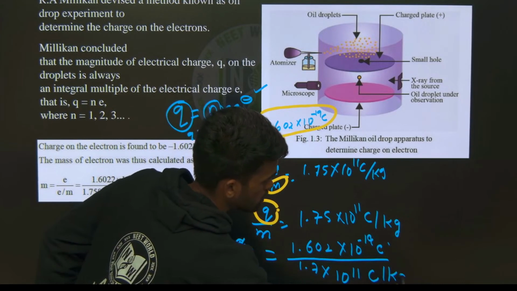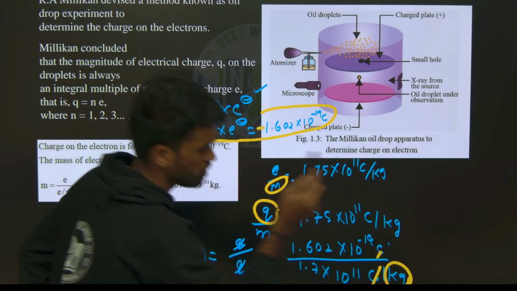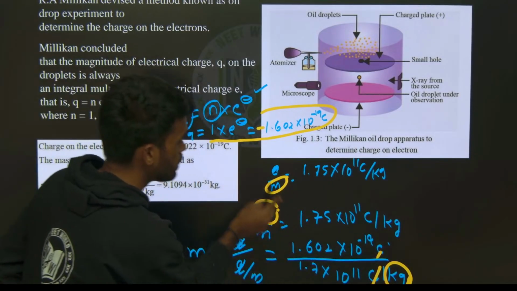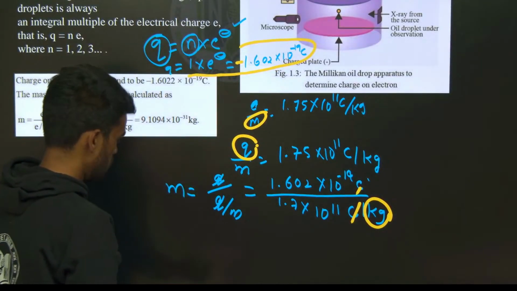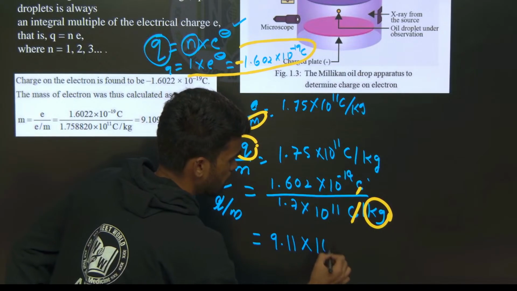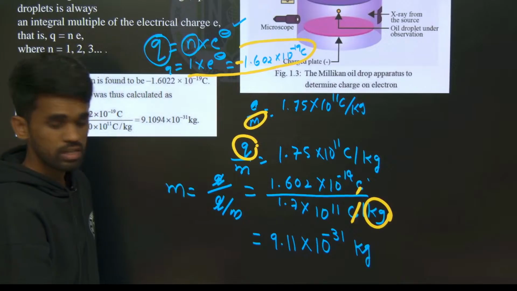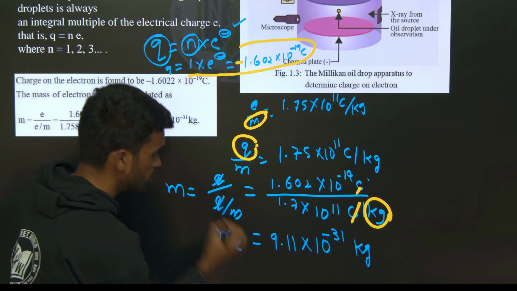Coulomb is removed, so you get your answer in kgs. The value you got is 9.1 into 10 power minus 31 kg. This is the mass of one electron.